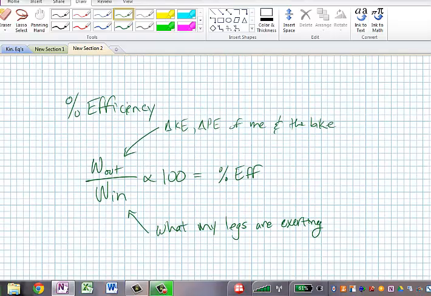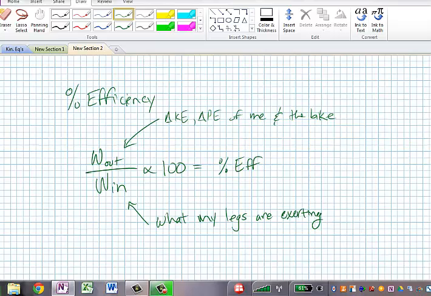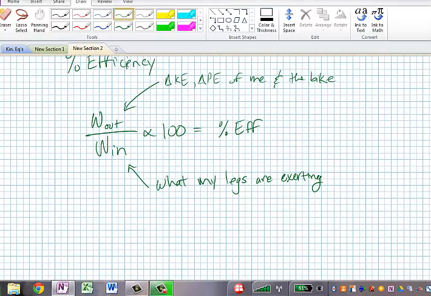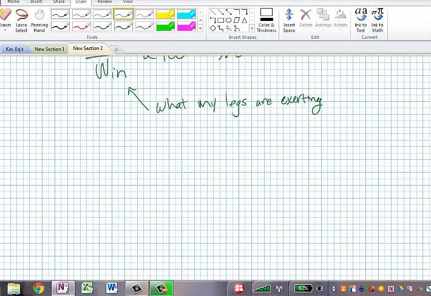Interestingly enough, this equation works if you use power out versus power in. You still get the same percent efficiency. It's just you're adding sort of a time factor when you're putting in power, but it cancels out because you're dividing by another power. So let's do just a quick example of this.